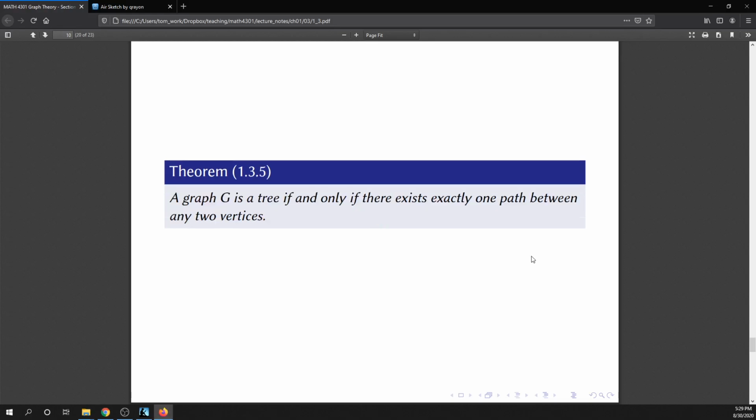All right, that brings us to 1.3.5. And that is: a graph G is a tree if and only if there exists exactly one path between any two vertices. So that's the next one we want to prove.